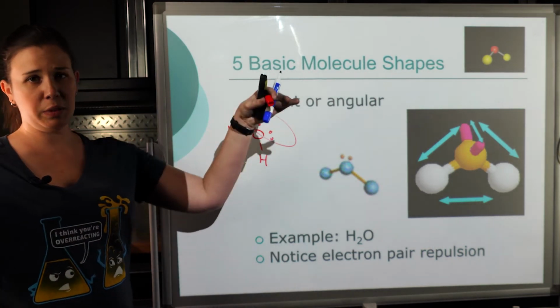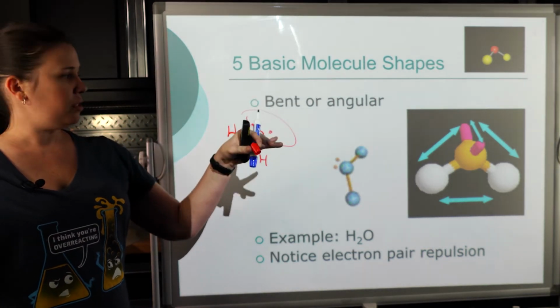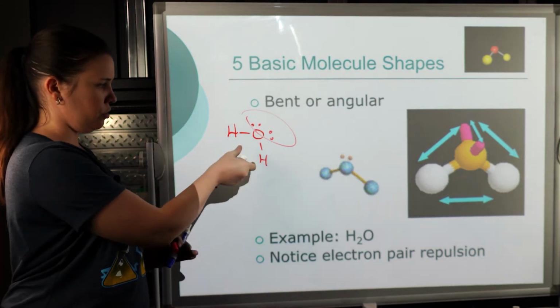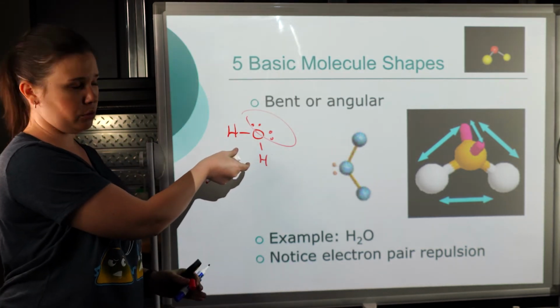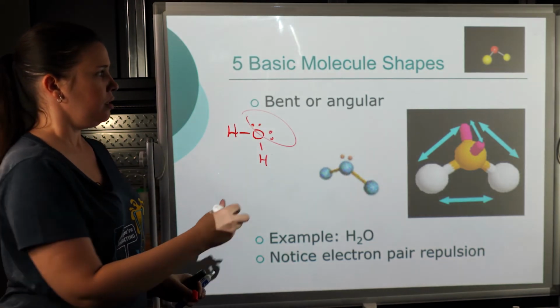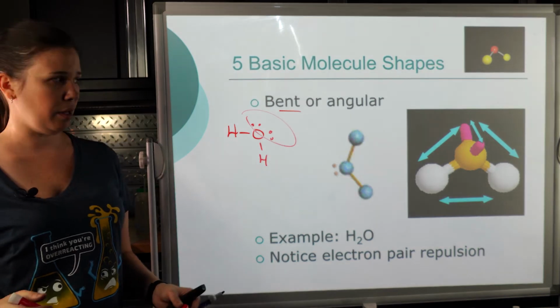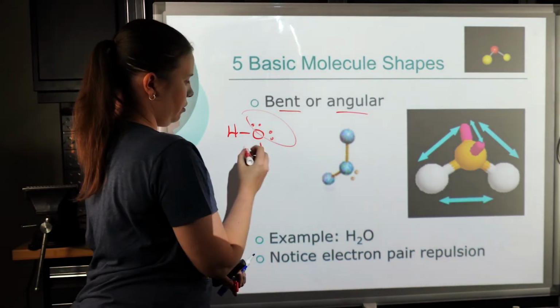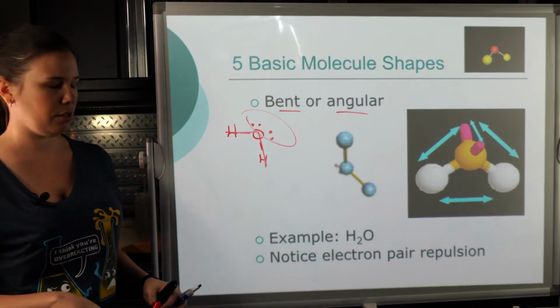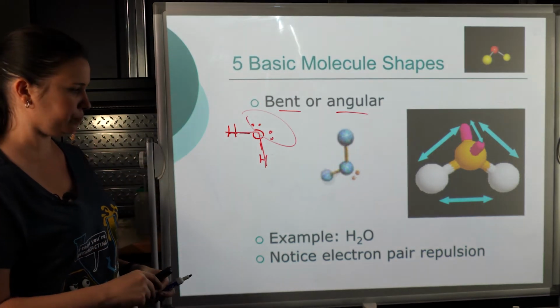The hydrogens would love to be 180 degrees apart, but these lone pairs are big bullies and they're going to push those hydrogens so that they're closer together. So this angle is way less than that 180. It kind of closes it in. It bends it. So we call that bent, or we call it angular, because as you can see, there's an angle that would be formed here. By the way, it's not exactly 90 degrees. It just kind of looks like that on the board.